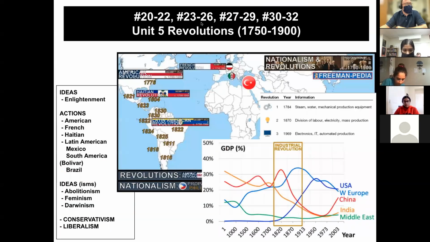You might ask, why post 1750? Because that's what Unit 5 is about, these revolutions that turn the tide, that change the relationship between Europe and the rest of the world. That relationship is first changed through the revolutions. Colonial relationships are ended.